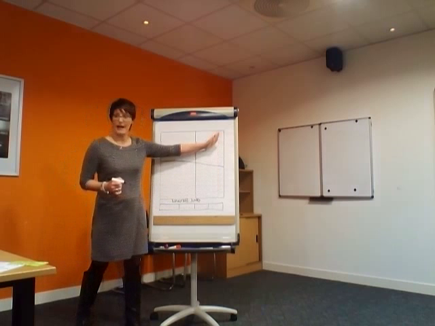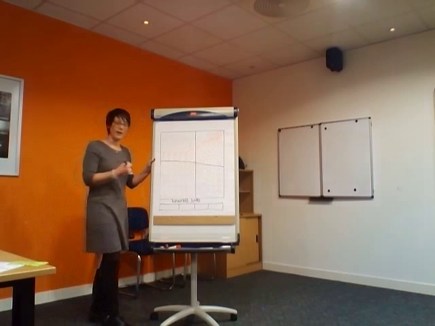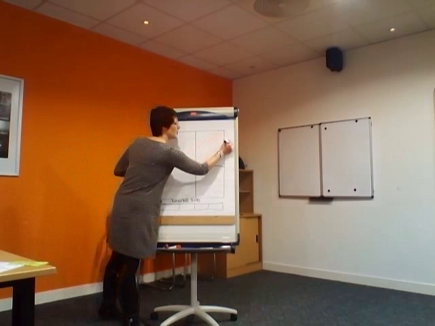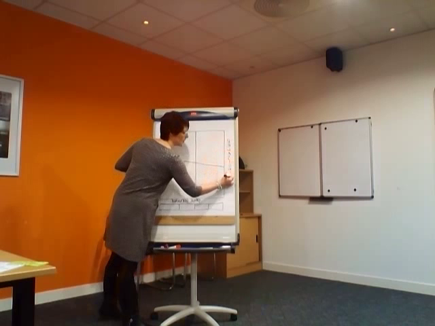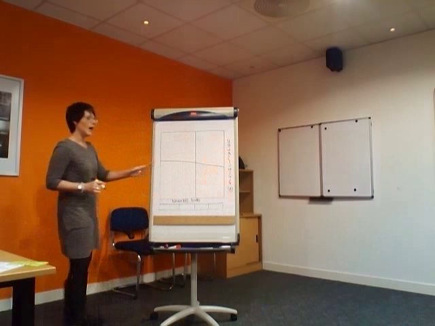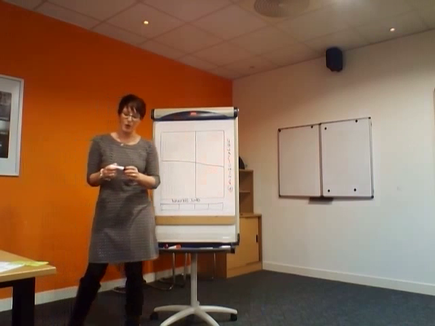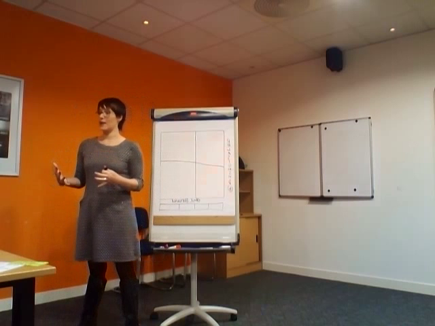On our vertical axis here is the other aspect, the other behaviour, which is relationship behaviour. Okay. And when we talk about relationship behaviour, we're talking about the extent that the leader is engaging in two-way communication.